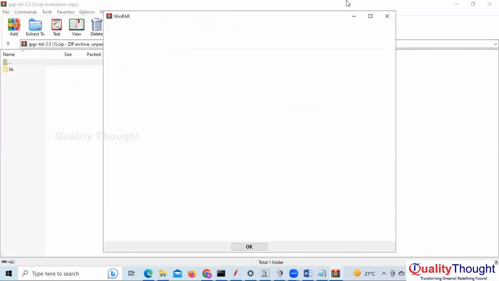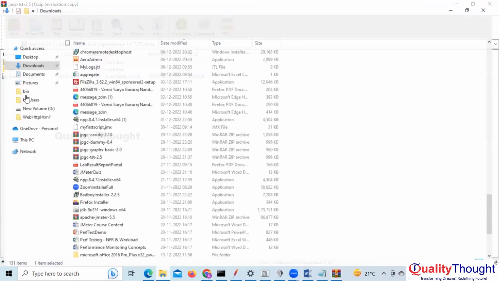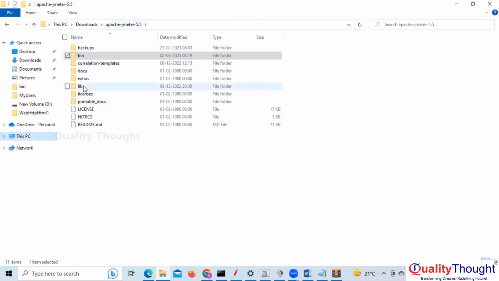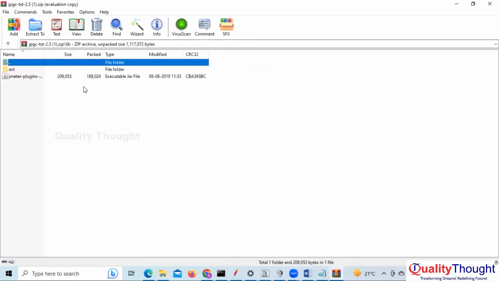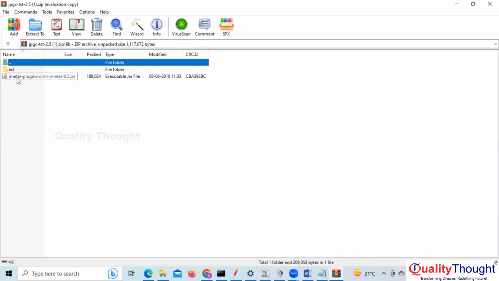You need to download the plugin and copy the jar files under the Jmeter bin folder. You just need to go to library under Jmeter, and copy this there.